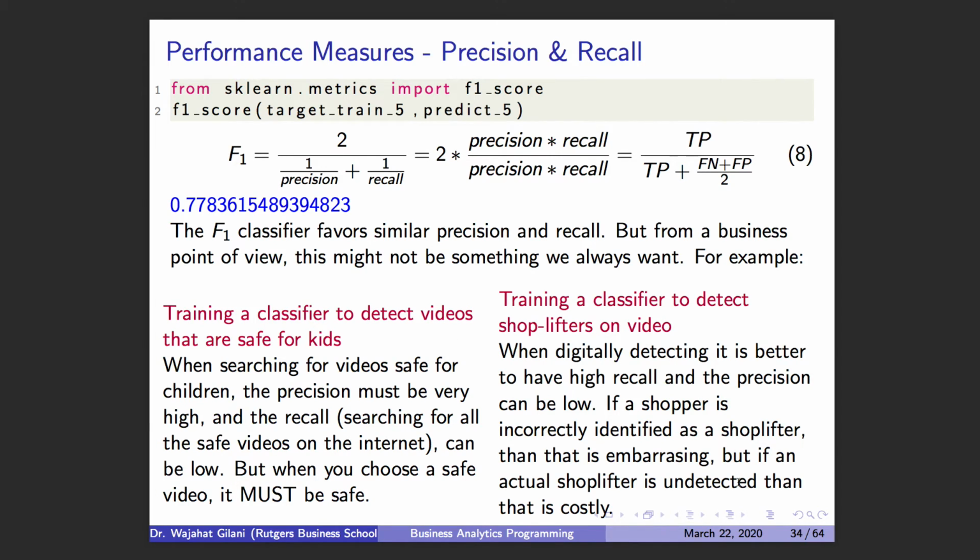Now let's look at the flip side. Training a classifier to detect shoplifters on videos. Now, this gets kind of hazy because you can have potential lawsuits here, but hypothetically, in high-end places, high-end jewelers, high-end clothing, they don't give a damn.